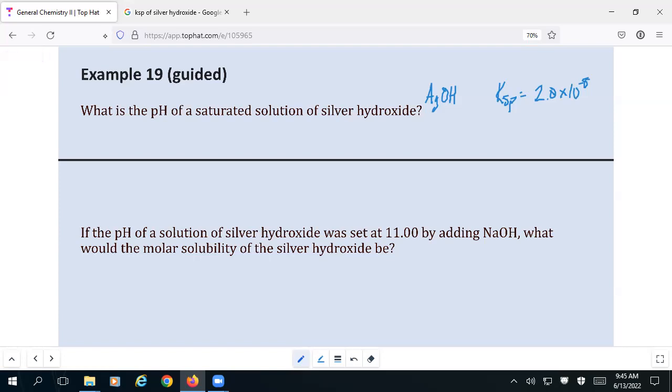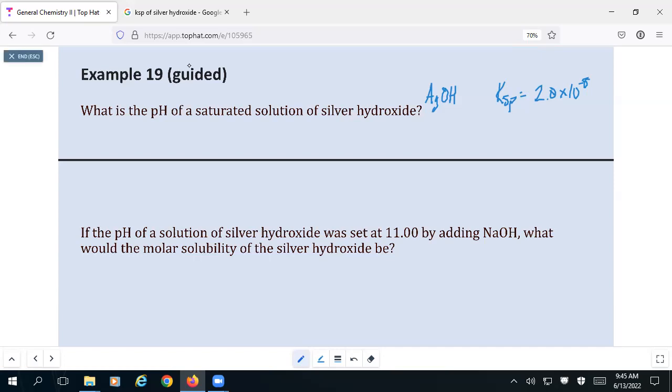Okay, so this is a slightly different kind of problem. This is asking us for the pH of the saturated solution. The reason why this is kind of different is that it marries together what we have been talking about with acid-base concepts.